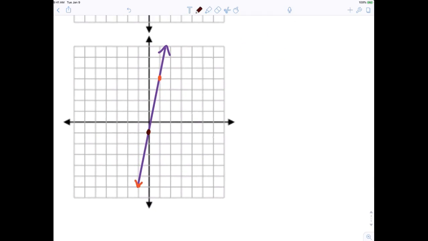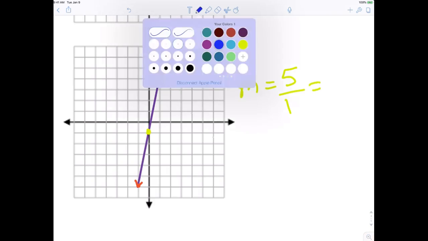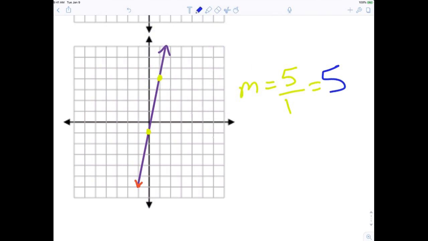You go up 1, 2, 3, 4, 5. Good. Over 1. Yes, that's exactly right. Slope is 5.